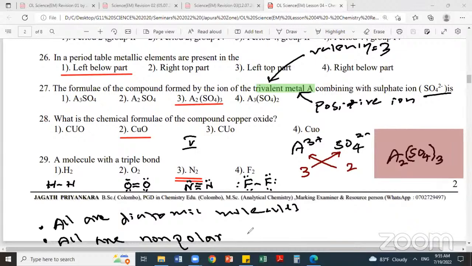Please note down these things. Not only the answer, which is the third, but I want you to draw the Lewis structures under each, how many bonds between atoms, whether they are polar or non-polar covalent, and whether they are diatomic, triatomic or monoatomic. Please quickly copy down.